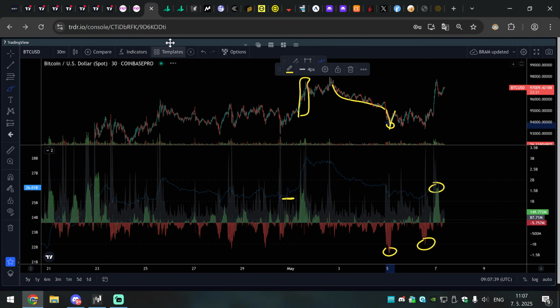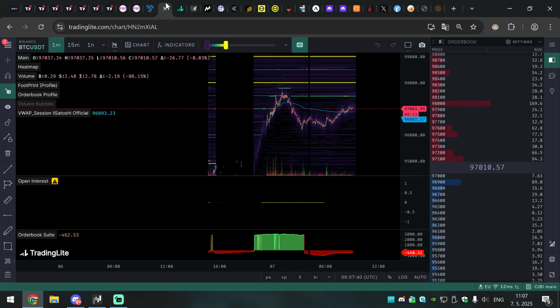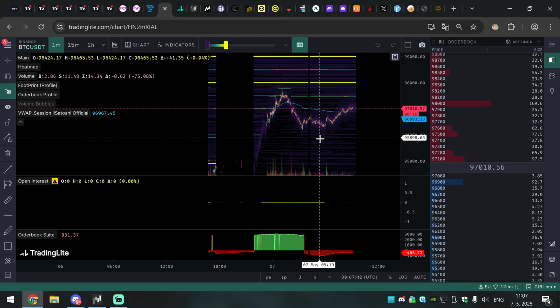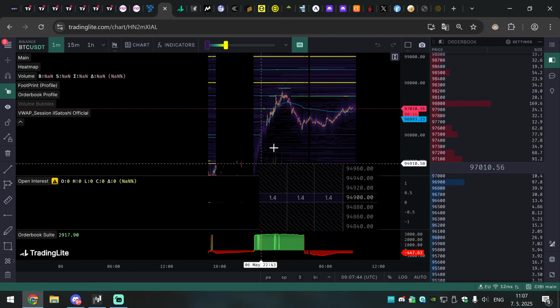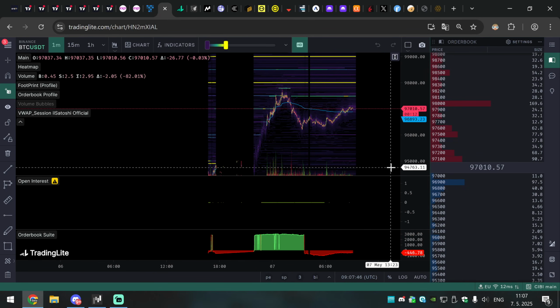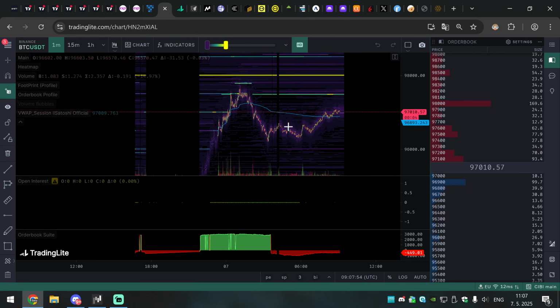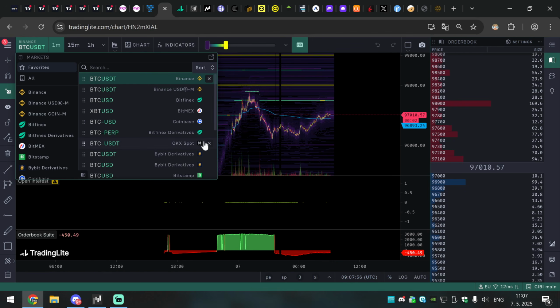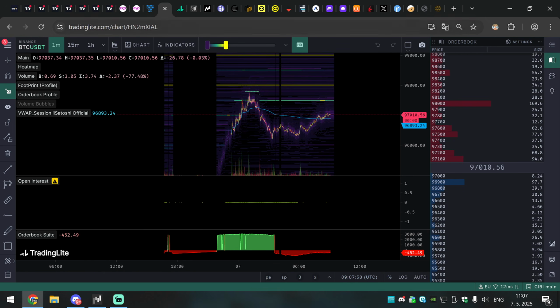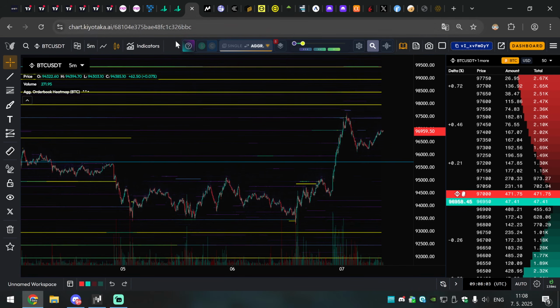What is really great, I can show you, I use, because Tradingdifferent was down for 8 days. Now, you know, in Spain they had a big blackout, and I think their servers got wrecked, so they needed to replace and recover the service. You can see it's still not working 100%, but at least spot market is working. There is some missing data. So yeah, it's returning slowly back, but meanwhile, while it was down, I was using the Kiyotaka.